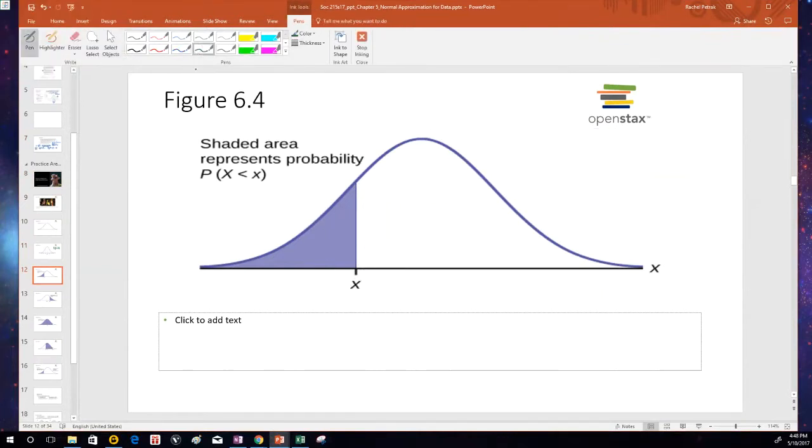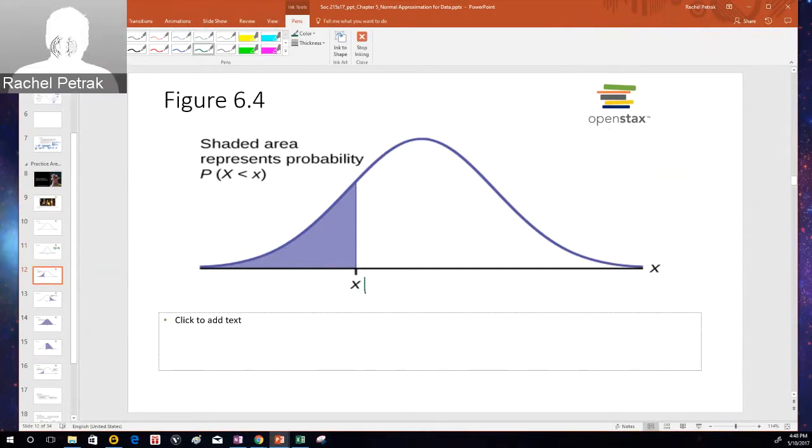X box, I'm just making that up. That's not a term, but I thought it was funny. So they're saying the shaded area represents the probability that X box, just to help us distinguish between these two, is less than X. X is over here, the highest value in our data set, or the top of the distribution, we might say.